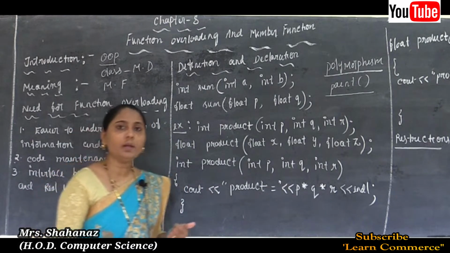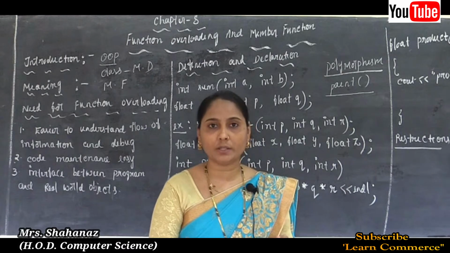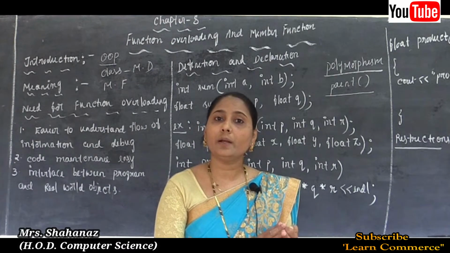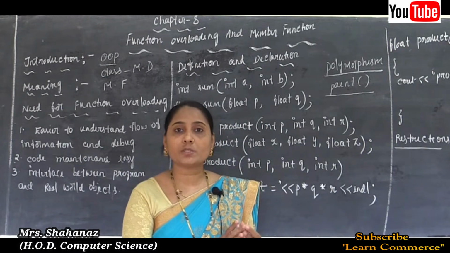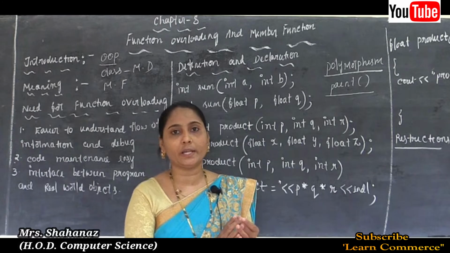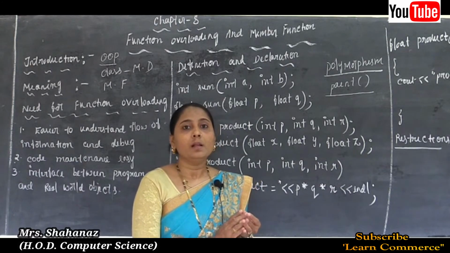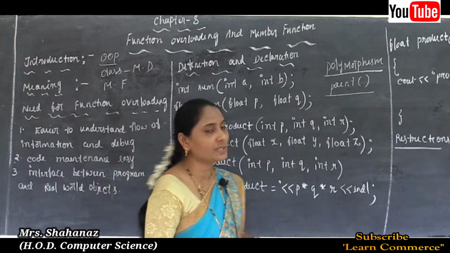Whatever I completed here are the definition and meaning of polymorphism, and also some of the features used by object oriented programming. Shall we continue? The next thing about polymorphism.